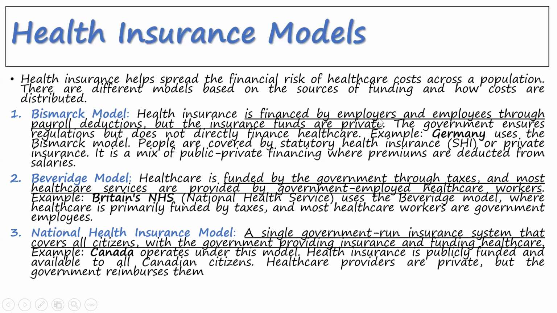In this case, for example, you are working at the Habshil Bank, and the Habshil is paying you $300 every month. At the end of every month, the Habshil is going to deduct $5 from your salary. These $5, they're going to give to the insurance company.